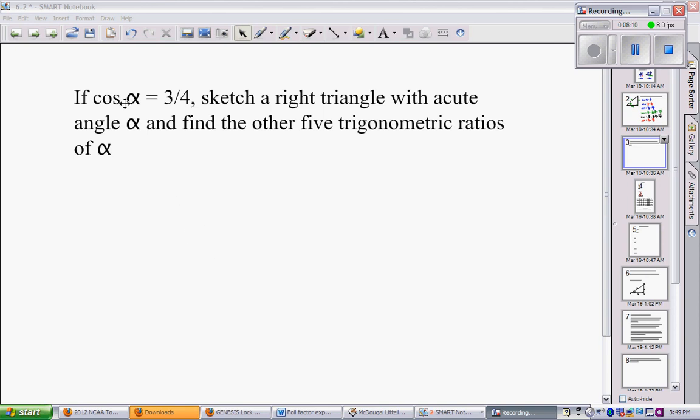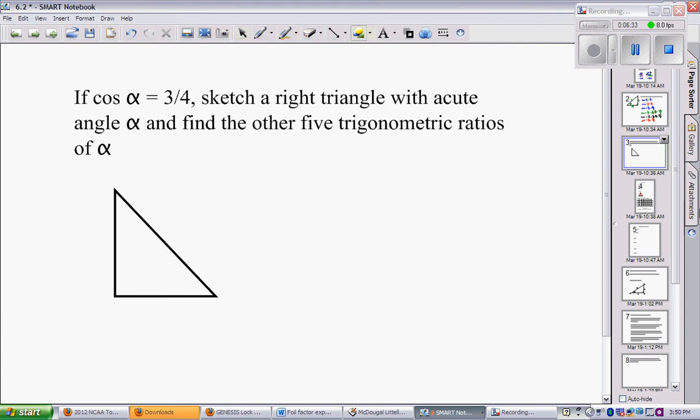Alright, so if we have the cosine of alpha, this is a lowercase alpha sign, and it equals 3/4. We want to sketch a right triangle with an acute angle of alpha and find the other 5 trigonometric ratios of alpha. So we sketch a right triangle, indicate that it's a right triangle with the square in the corner.